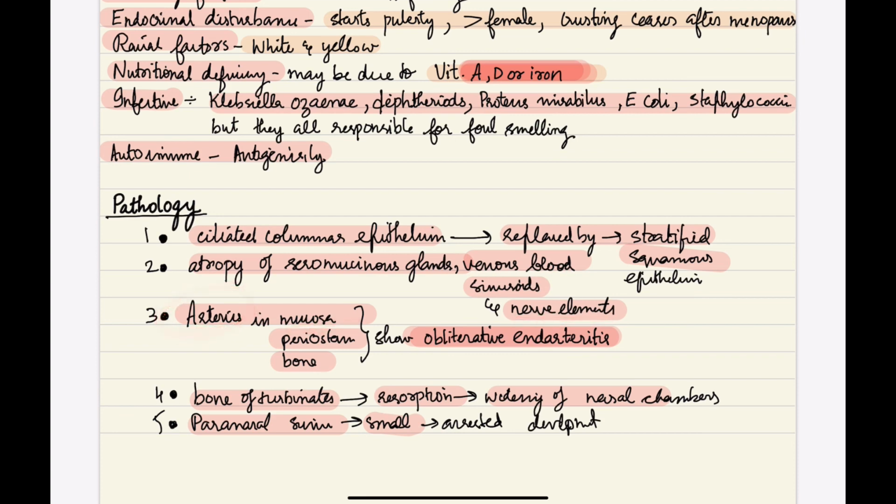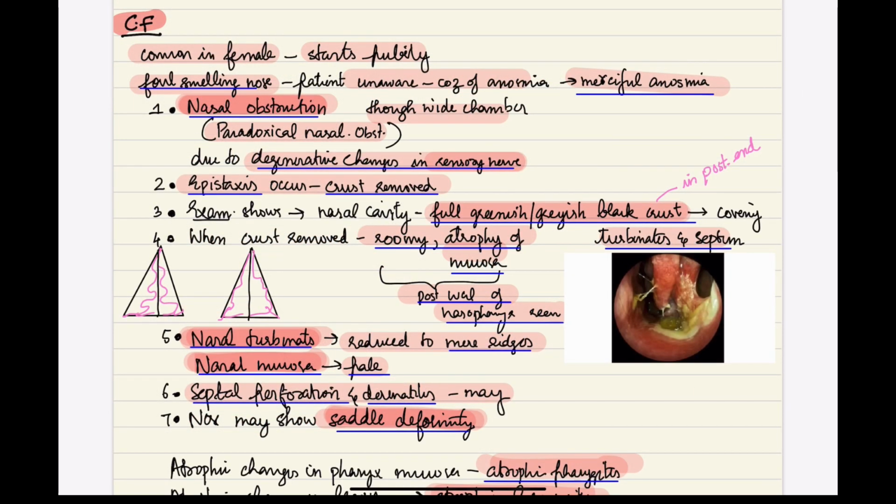Arteries in the mucosa, periosteum, and bone show obliterative endarteritis. Bones in the turbinates undergo resorption and show widening of the nasal chambers, and the paranasal sinus becomes small due to arrested development.